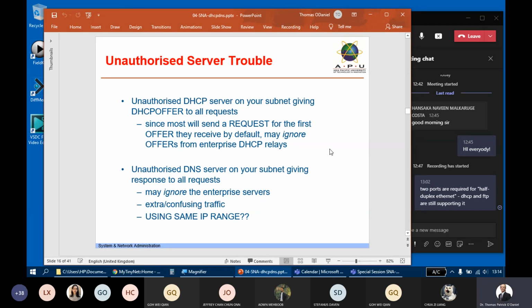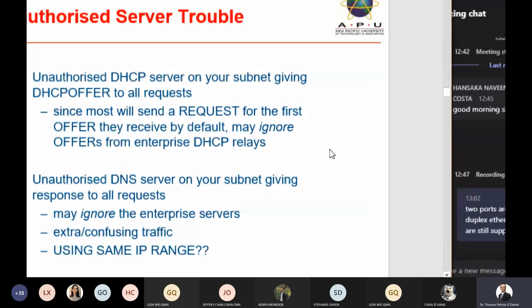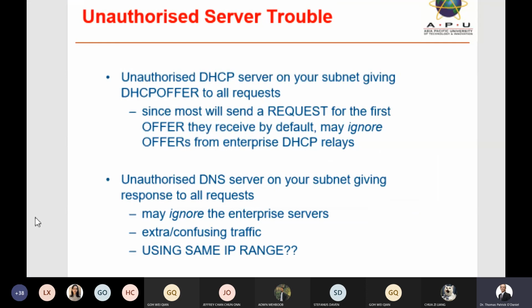Now, again, we want to mention this because if you look at the TinyNet documentation over and over again, it talks about turn off VirtualBox DHCP. That's a practical consideration that we'll get to tomorrow.